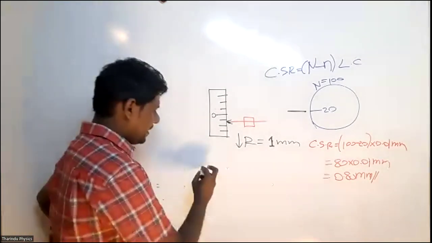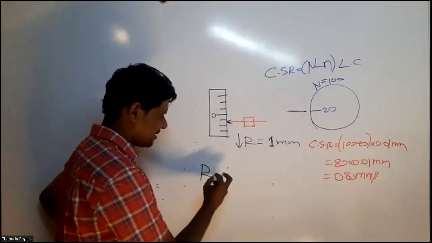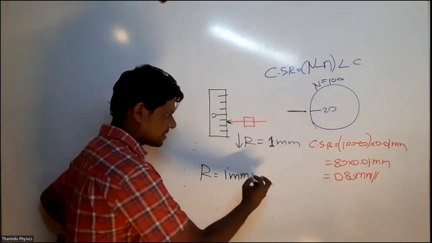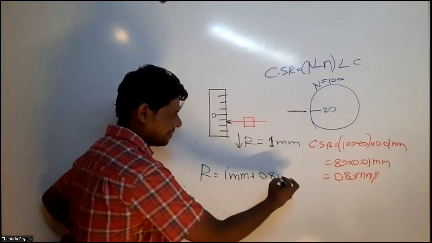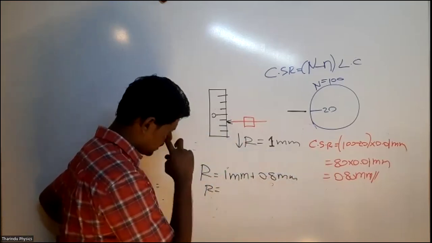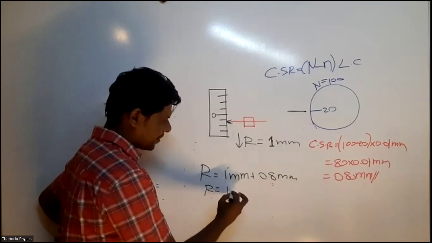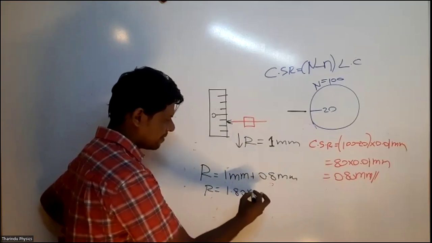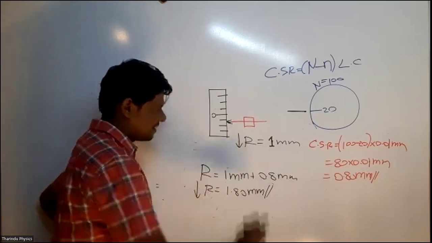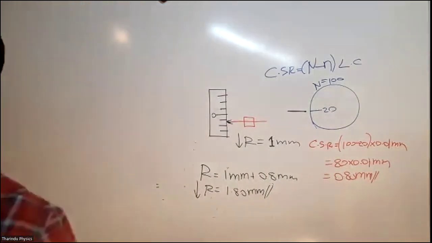Okay, now take the reading. Reading is 1 millimeter plus 0.8 millimeter. So my reading is what? 1.80 millimeter, which is downward. We only mark it like upward or downward.